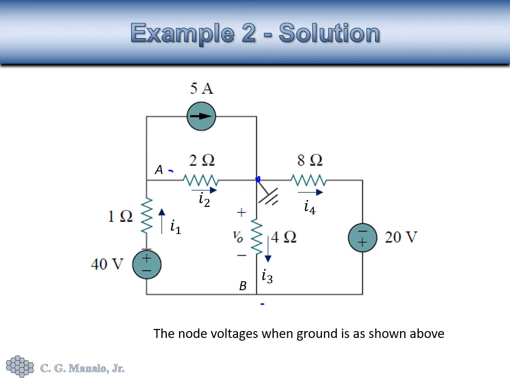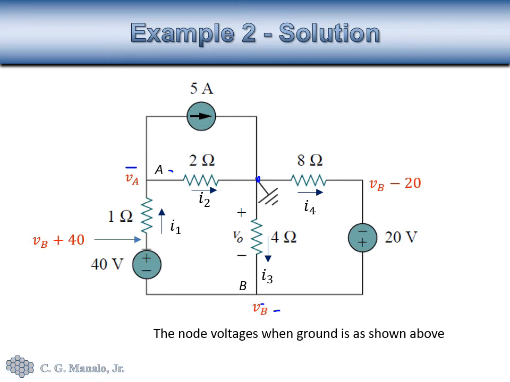And we assign potentials on each of the nodes. We don't know the potential at node B, so we'll just label it V sub B. In A, we label it V sub A.